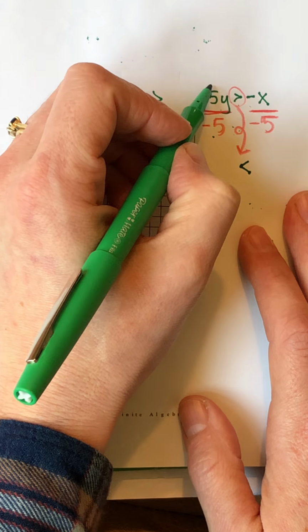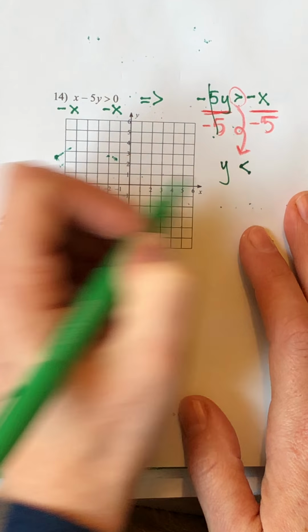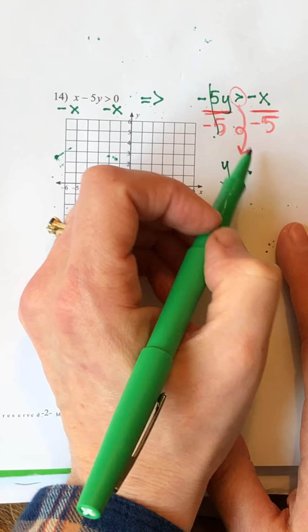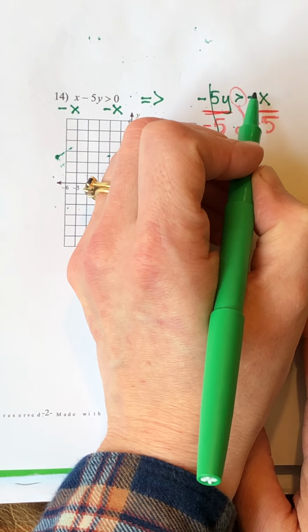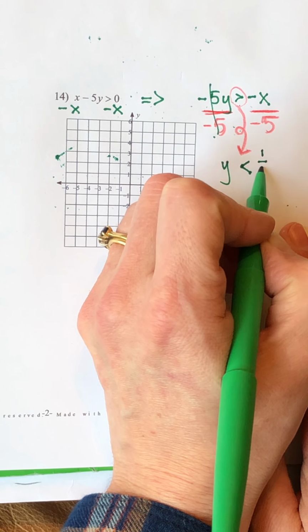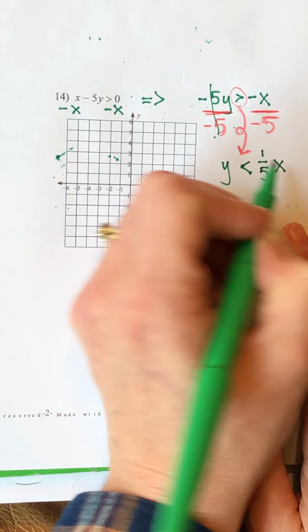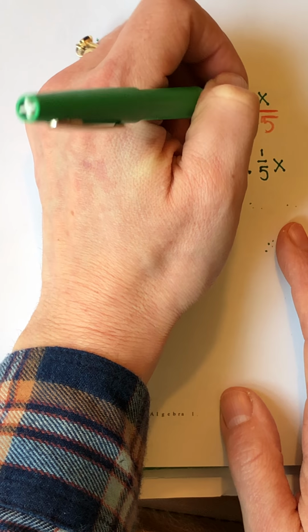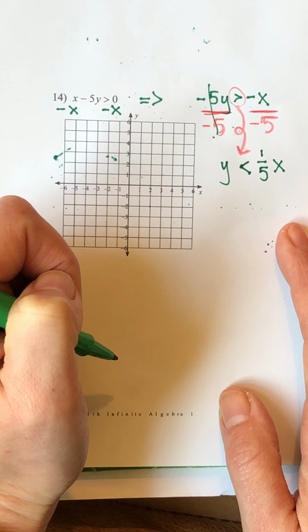Okay, so those make 1. So 1y, or just y, is less than, a negative divided by negative is a positive. And remember, there's a little 1 right here, right? So I'm gonna write 1/5 x. So it's negative divided by negative is a positive, and that fraction is really 1/5 because there's always a 1 in front of my x.